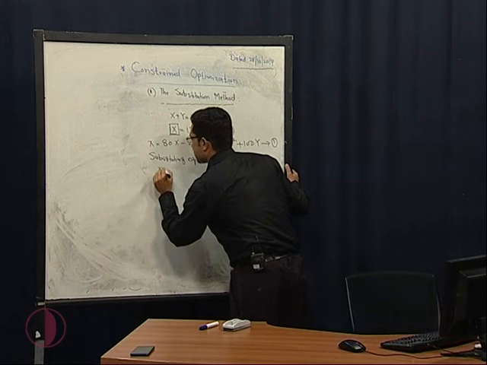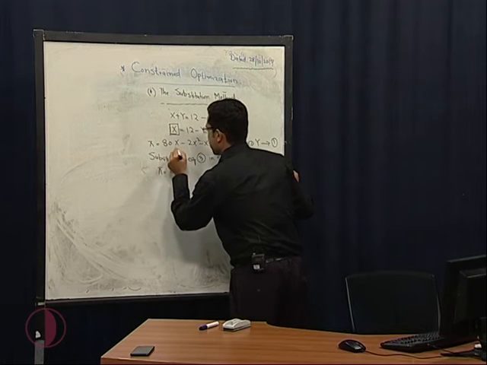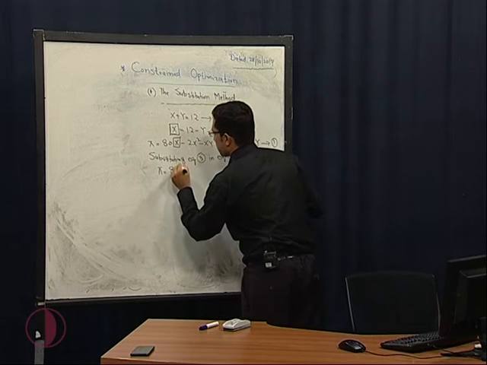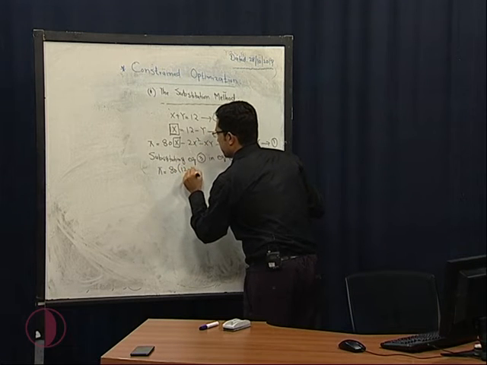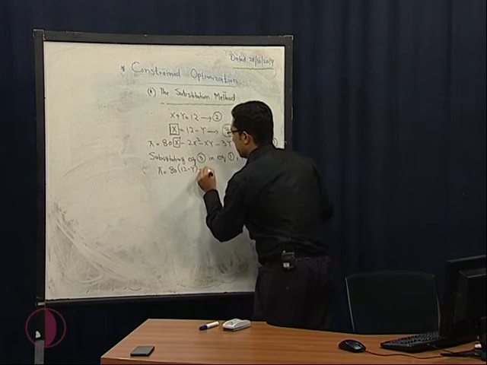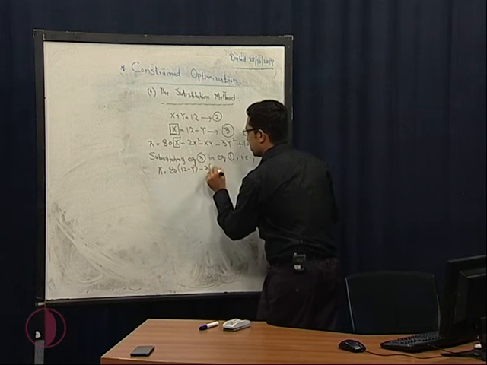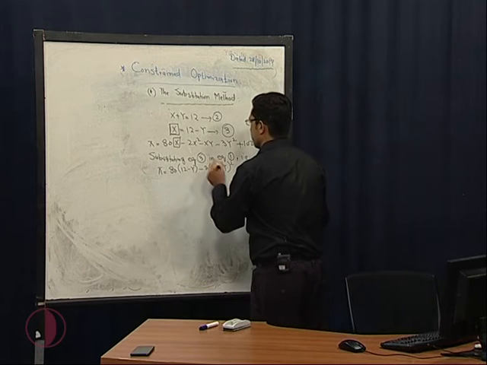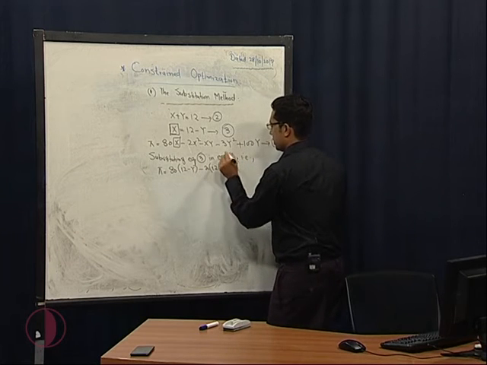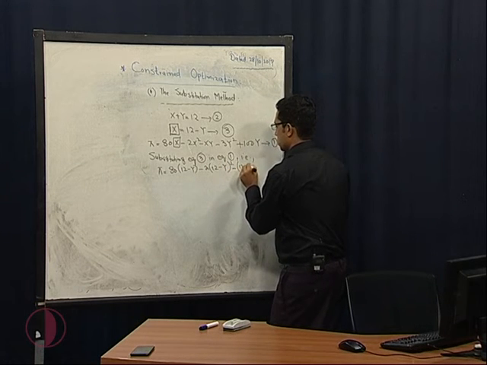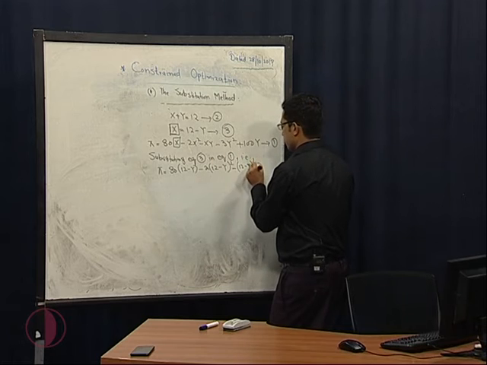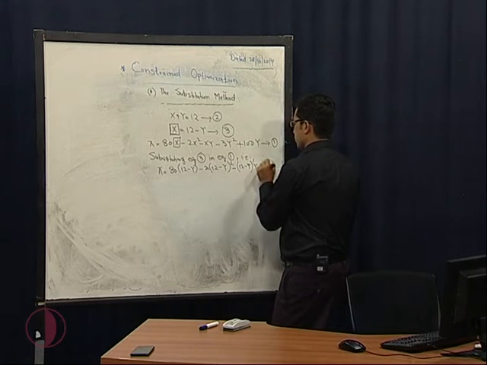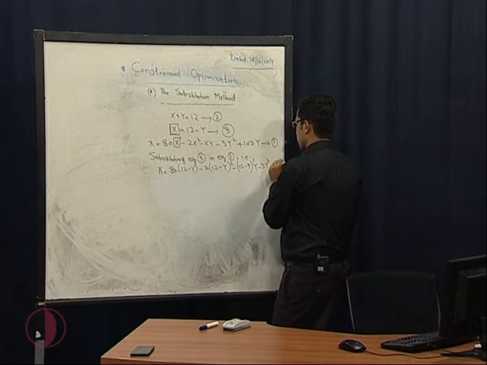So, we can write it as profit is equal to 80 times x, and for x we will substitute 12 minus y, minus 2 times (12 minus y) whole square, minus (12 minus y) into y, minus 3y square plus 100y.